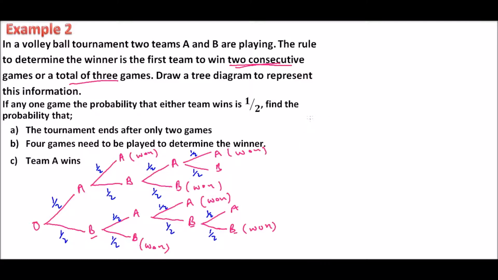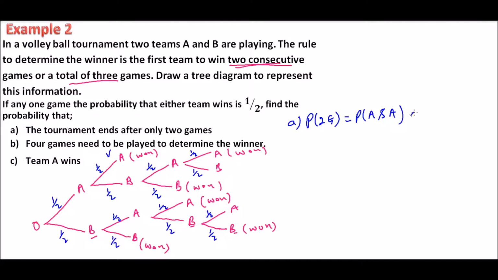So find the probability. We start with part A. Find the probability that the tournament ends after only 2 games. So the probability that it ends after only 2 games is either we have the probability of A winning and A winning. This is the first option we have here.